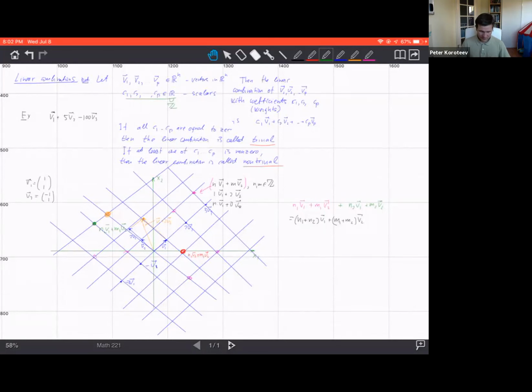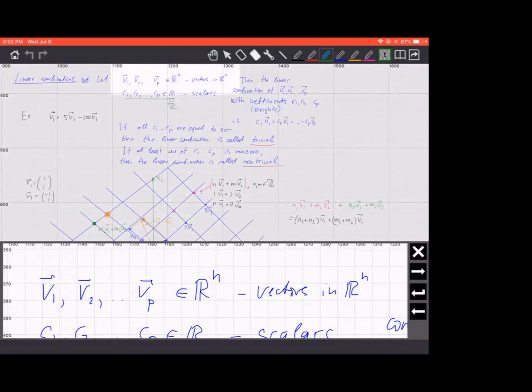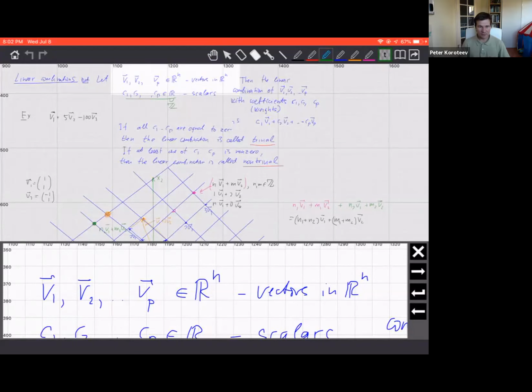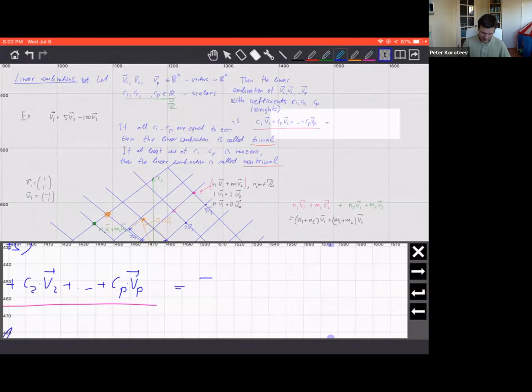Last time we talked about linear combinations of vectors, right? Remember, if we have a set of vectors v1 through vp in n-dimensional Euclidean space Rn, then the linear combination is the sum of ci vi, where i goes from 1 to p.